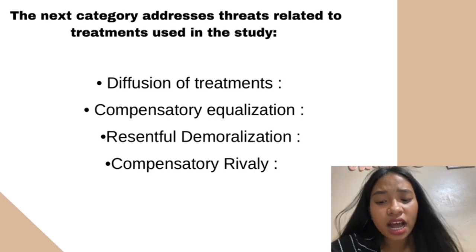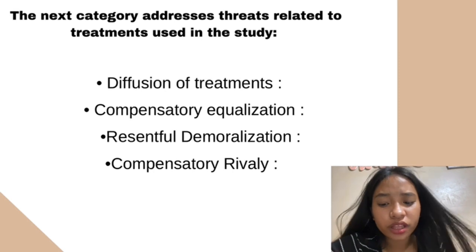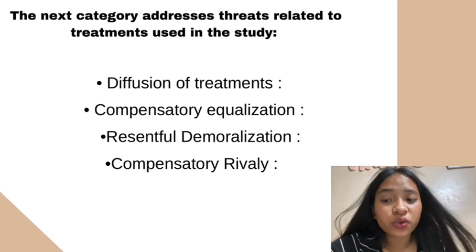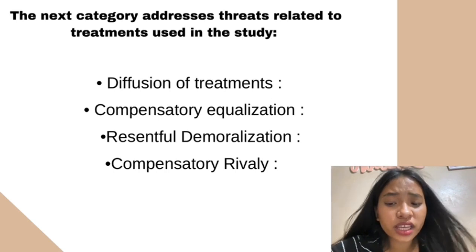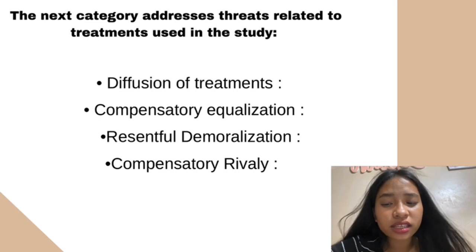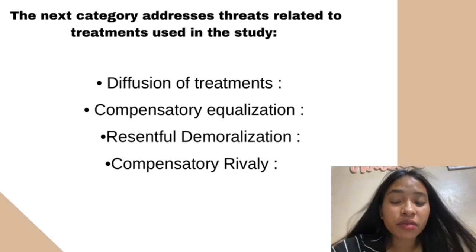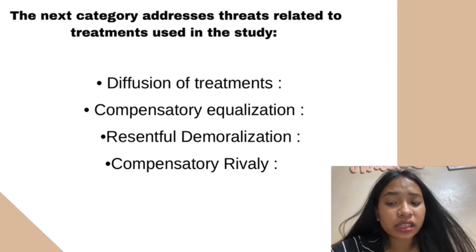So next is the compensatory equalization. So the compensatory equalization is when only the experimental group receives a treatment, an inequality exists that may threaten the validity of the study. The benefits of the experimental treatment need to be equally distributed among the groups in the study.